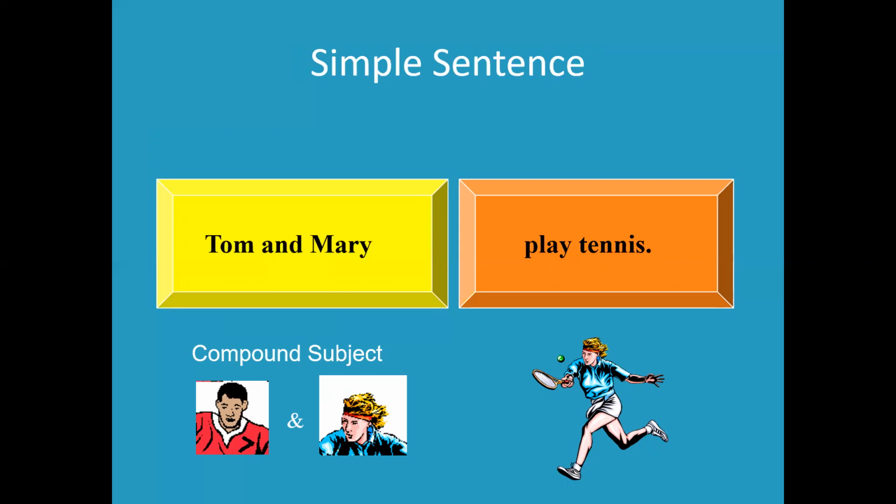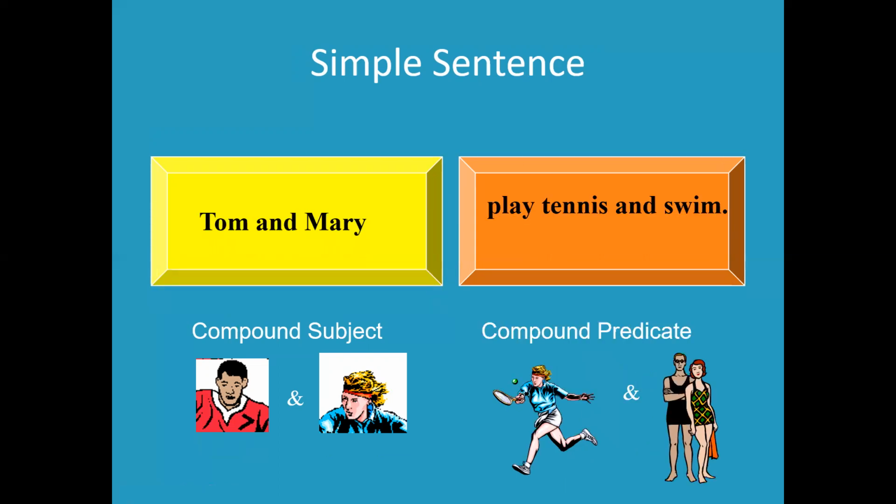Both the nouns Tom and Mary are joined by a coordinating conjunction, and that is and, therefore we call it compound subject. You need to listen carefully and then understand how the simple sentence is constructed in different ways.